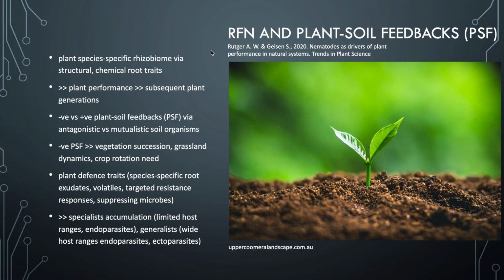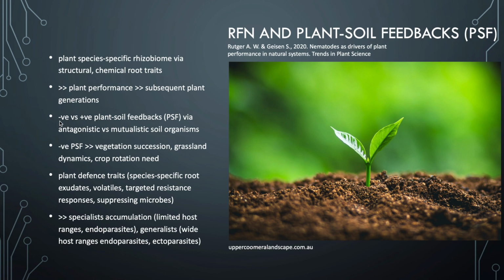So let's now look at the relationship between root-feeding nematodes and plant soil feedbacks. So plants have their specific rhizobiome that is determined via structural and chemical root traits. And this determines plant performance and subsequent plant generations. So there are negative versus positive plant soil feedbacks via antagonistic versus mutualistic soil organisms.